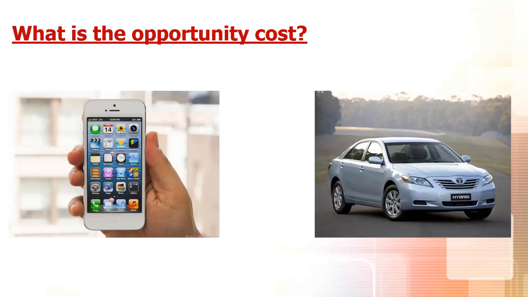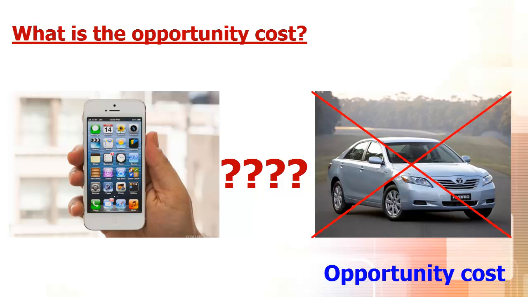And if I personally value the iPhone more than I value the car, then I'm going to buy the iPhone instead of buying a car. And the car would then become my opportunity cost because I give it up in order to get another opportunity, which is buying a new phone.